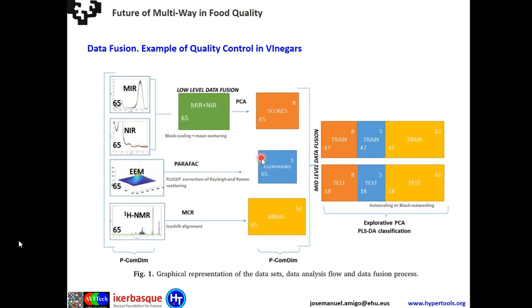So let's come back to the vinegars story, because we not only measured those vinegars with PARAFAC, we measured them with middle infrared, near infrared, and also NMR. So clearly here we have three matrices and one three-way array. Okay, so we can fuse all this information in order to classify the different categories in the vinegar.